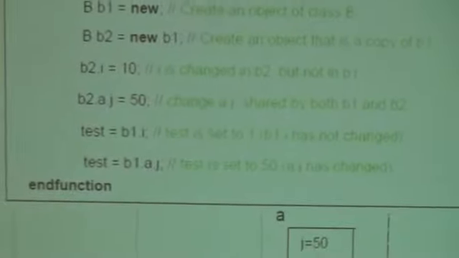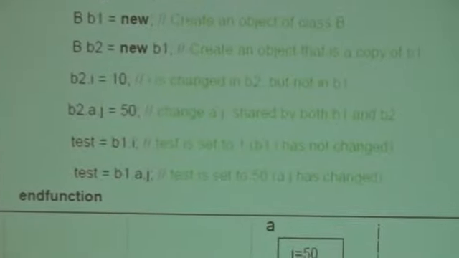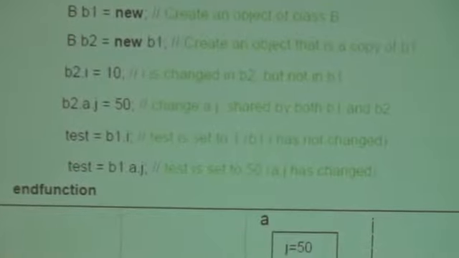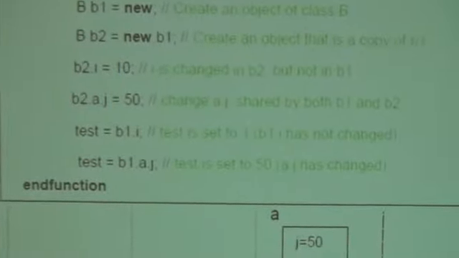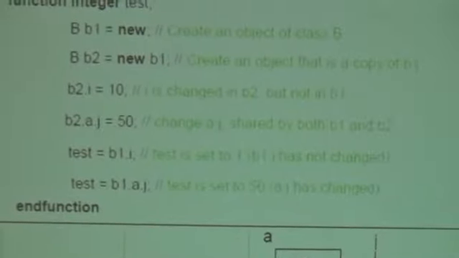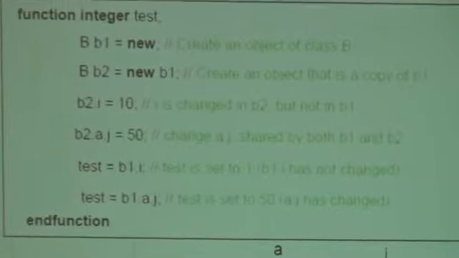If you have seen here, b1 is copied to b2. That means b1 is the original class and b2 is the Xerox copy. Now I am updating b2 with i equal to 10.